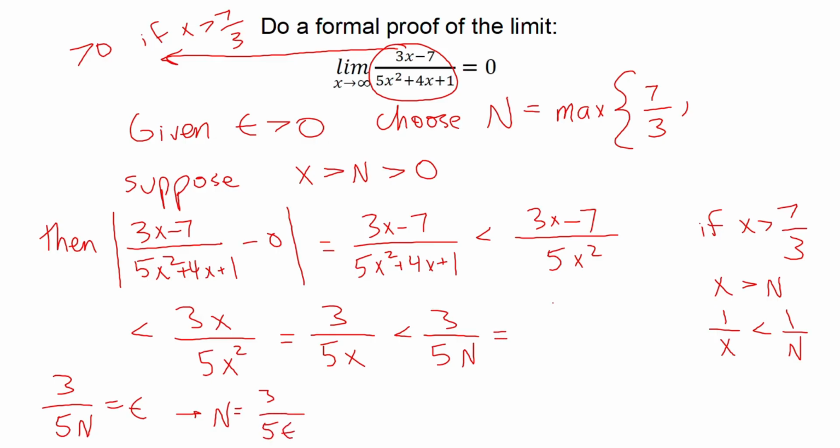So we'll say this is equal to 3 over 5 times n, which is 3 over 5 epsilon, which is equal to epsilon. And so as long as we choose the maximum between 7/3 and 3 over 5 epsilon, then our proof is complete.